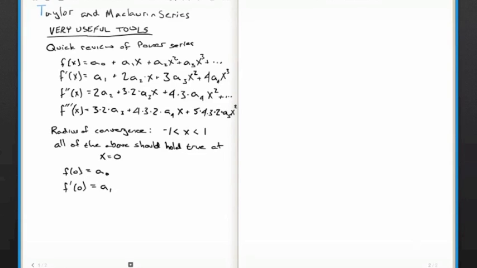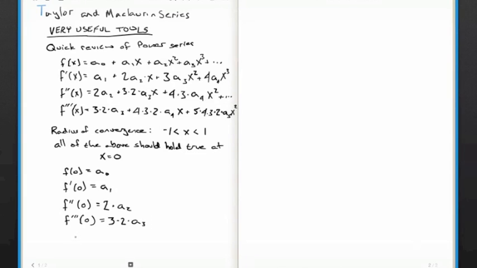And then I could say f double prime of 0 equals only 2 times a sub 2. And then I could go f triple prime of 0 equals, let's see, all this stuff goes away, 3 times 2 times a sub 3. Interesting. 3 times 2 times a sub 3.